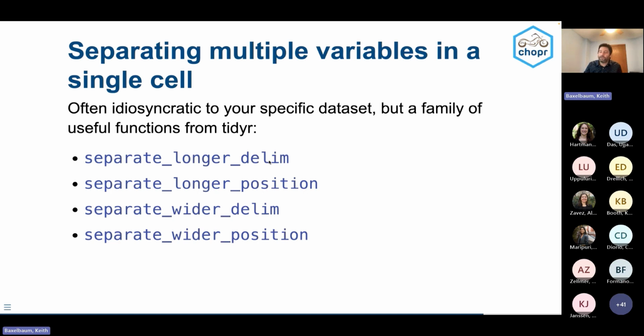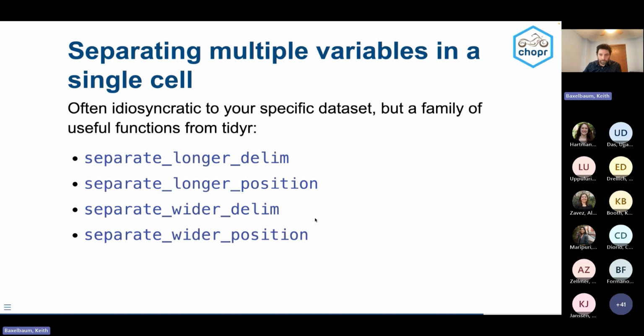So separate longer delim would say we can identify a character, we're going to separate based on that character, and we're going to end up separating into new rows. Or if there's a certain number of characters, the first 4 characters always tell us a year, and then the next 4 characters always tell us a month and a day, we can specify by position and say there's not a specific character, but there's a specific number of characters that we can use to separate it.